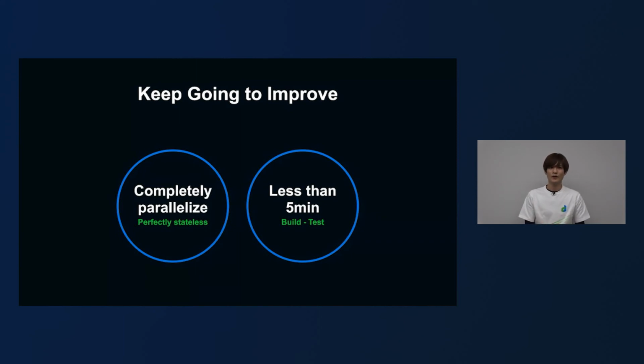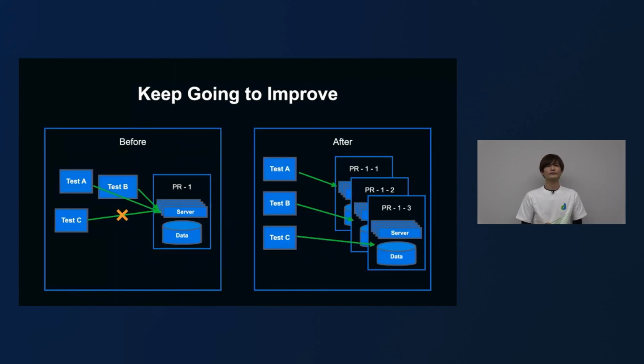Ideally, we want that test to be completed within the time on par with unit tests and integration tests. As I mentioned earlier, using this type of mechanism, automated tests can now be executed per pull request.